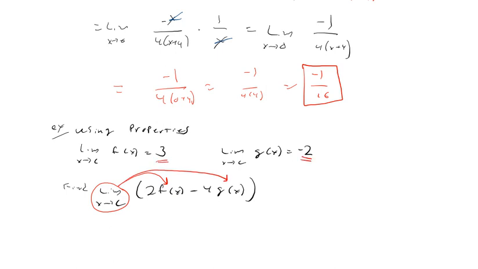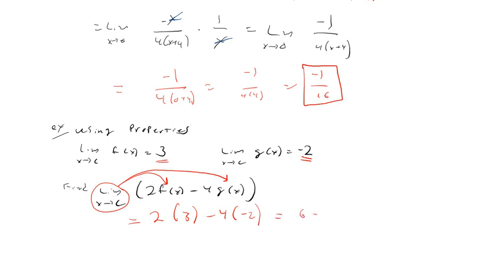This is going to equal 2 times f of x, where the limit as x approaches c is 3, minus 4 times g of x, where the limit is negative 2. I don't write the limit because I'm plugging in now, so that's 6 plus 8, that's 14.